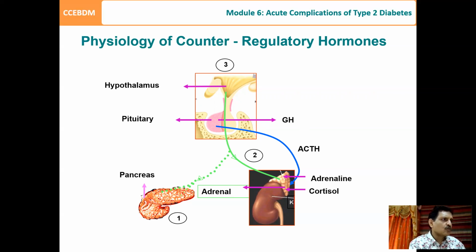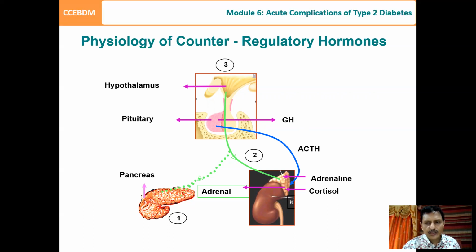Now, this also increases the release of growth hormone, which is also a counter-regulatory hormone as far as insulin secretion is concerned. So the first action of the body is to stop the insulin secretion.